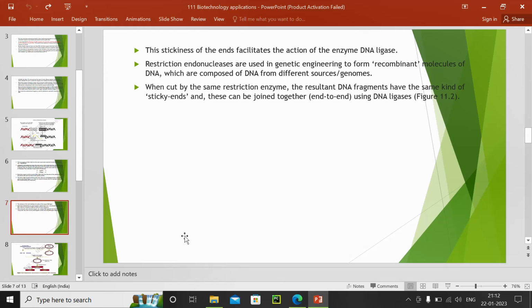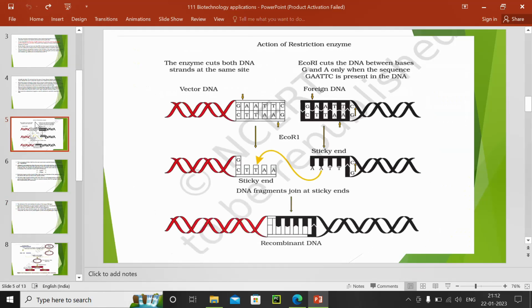But what if the vector is cut by Hind 3 and the foreign DNA is cut by EcoR1, then are they able to join? No, they cannot join because they are cut by different enzymes. That is, the restriction endonucleases used for them are different. Therefore, there is a condition that the vector DNA should be cut with the same restriction enzyme with which the foreign DNA molecule is cut.